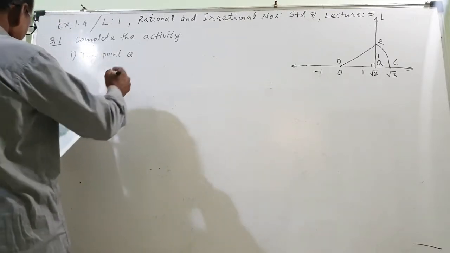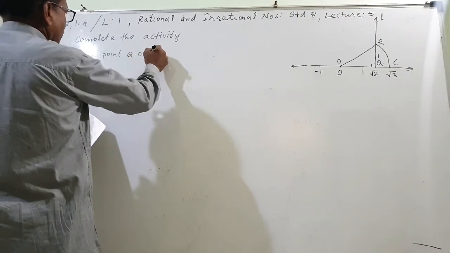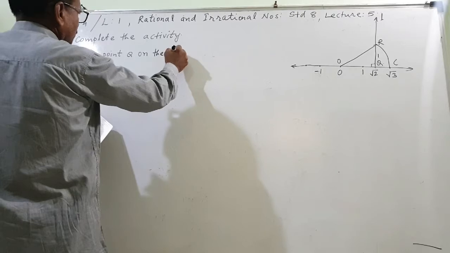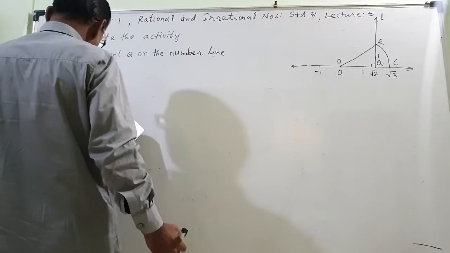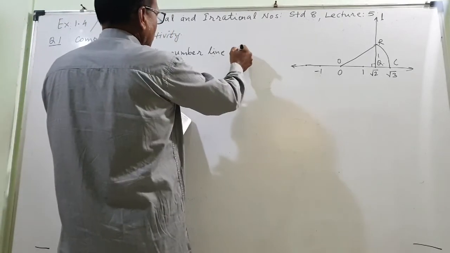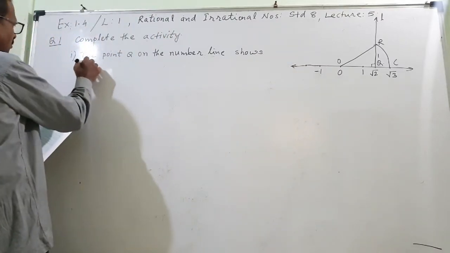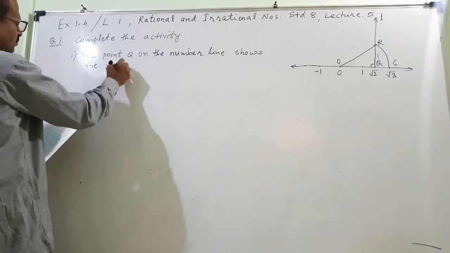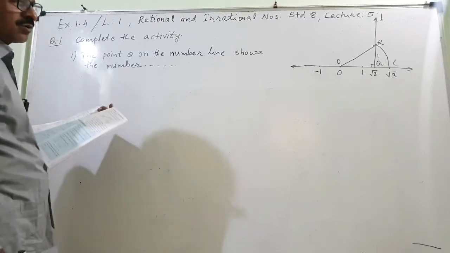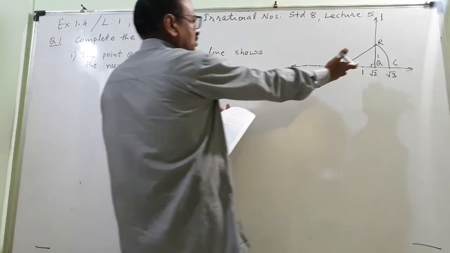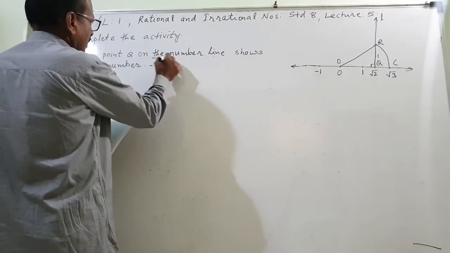The point Q on the number line shows the number. Bunty, what does this show? Point Q, this is Q, it shows root 2. So here you will write root 2 and give a box.